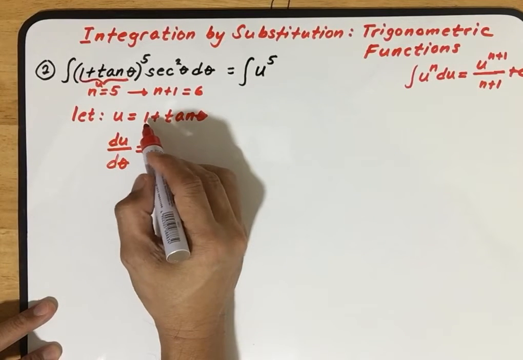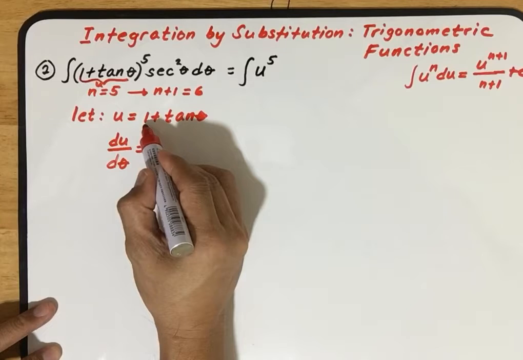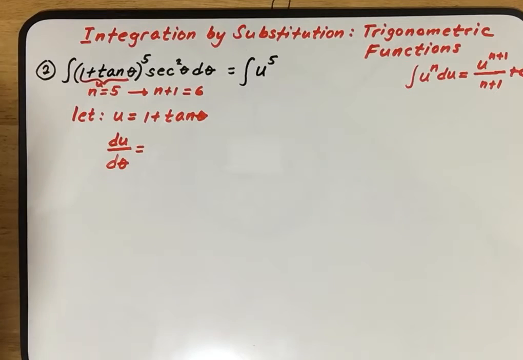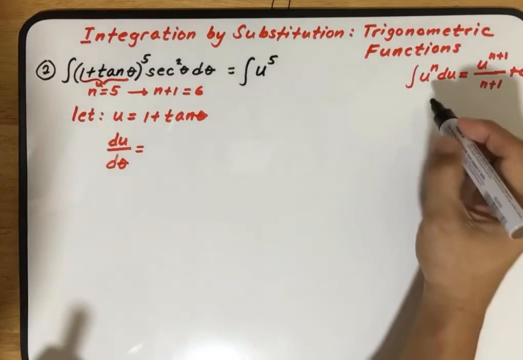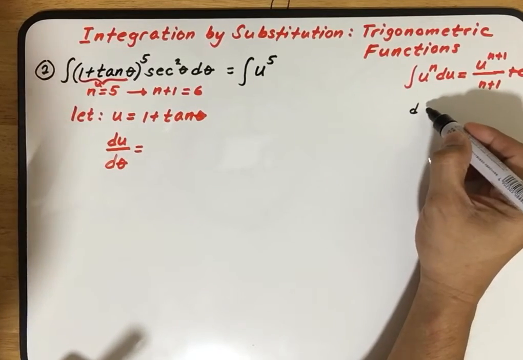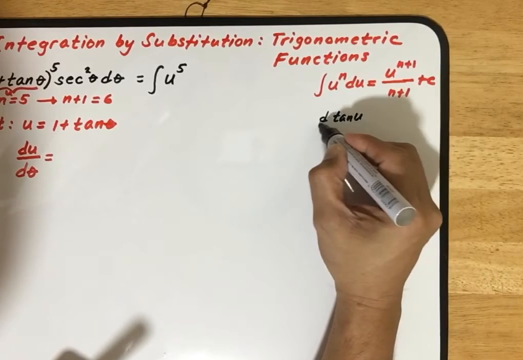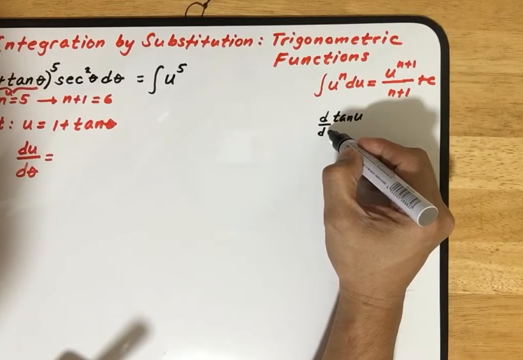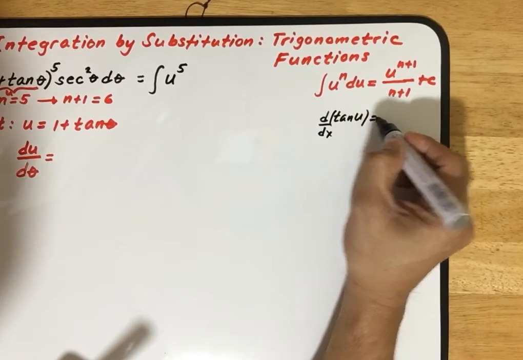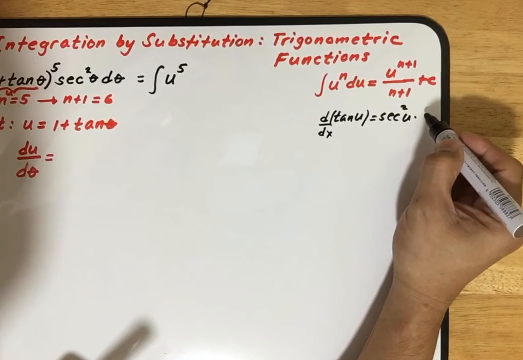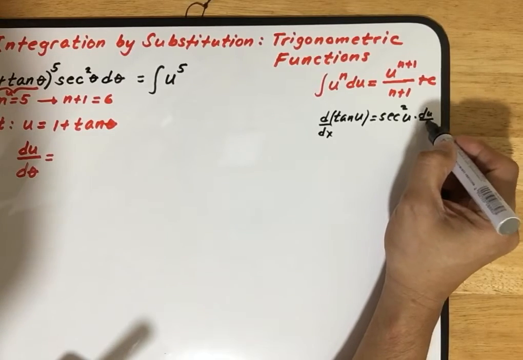Okay, so the derivative of 1 is a constant, so that is 0. And what is the derivative of tangent theta? From our differential calculus, if you can still remember, the derivative of tangent u with respect to x is equal to secant squared u times the derivative of u with respect to x.